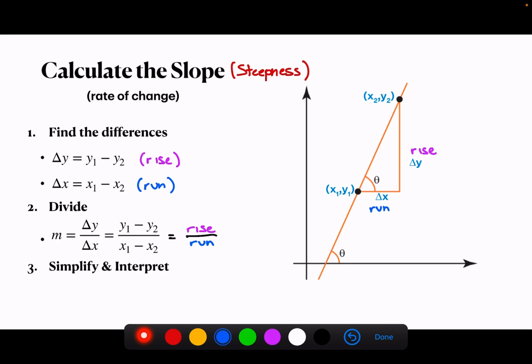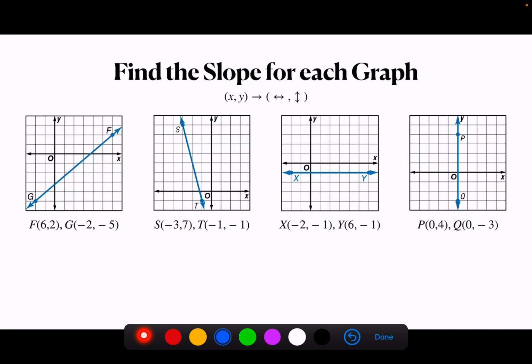Let's do a few examples, okay? If we take a look at these examples here, we have the distance from f to g, from s to t, to x to y, to p to q. So let's check this out. Let's look at f to g. F is at 6, 2, g is at -2, -5.